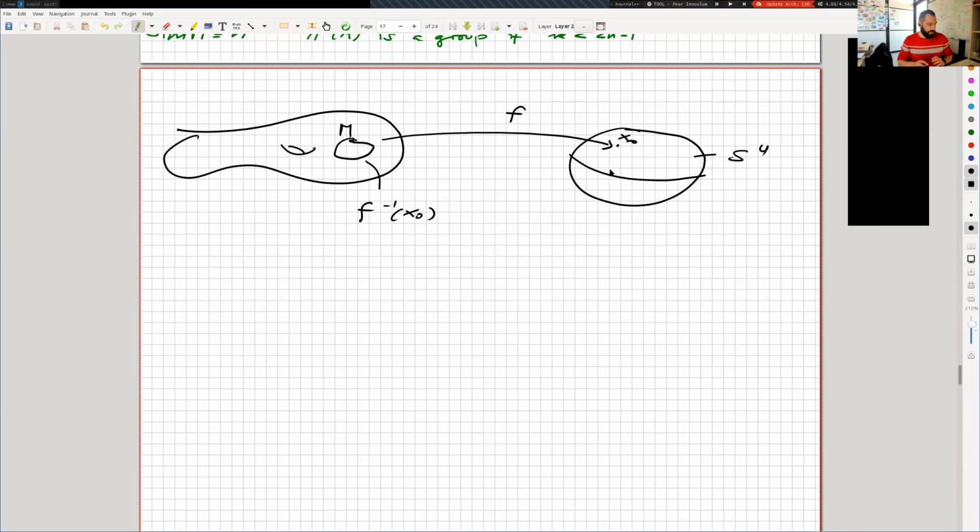Of course, the general case is much harder, but the special case is if you take another point here, let's say y0, and you connect it to this point by a geodesic such that no point on it is a critical point. So every point on this geodesic is a regular value. Then you can do the following to get a homotopic map.